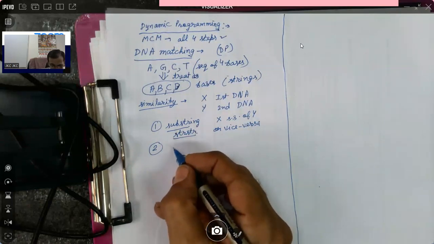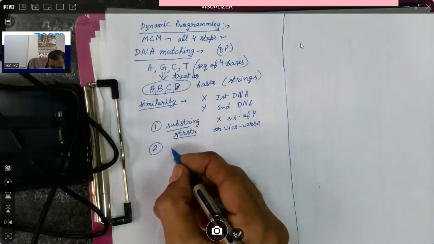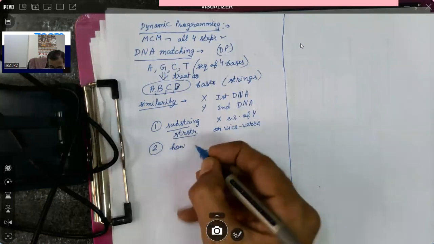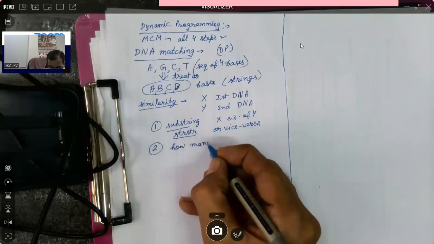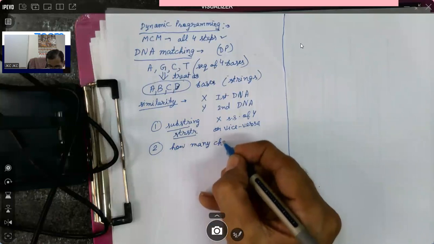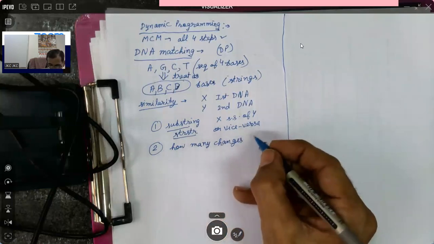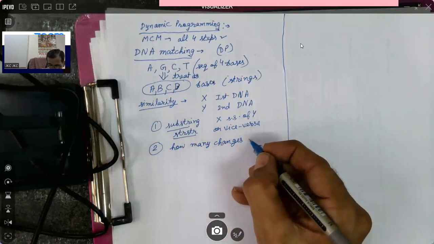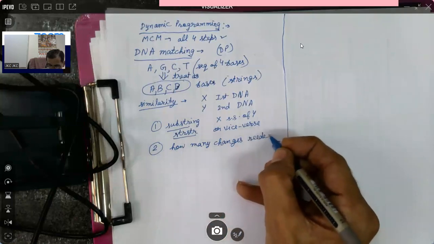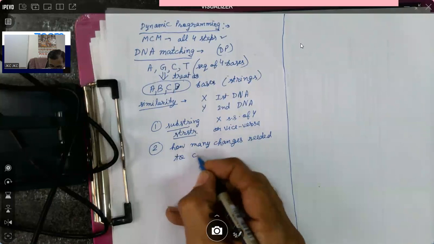Second, normally for DNA, we ask how many changes are needed to convert one DNA to the other. That can be another way of finding DNA matching: how many changes are needed to convert X to Y or vice versa.